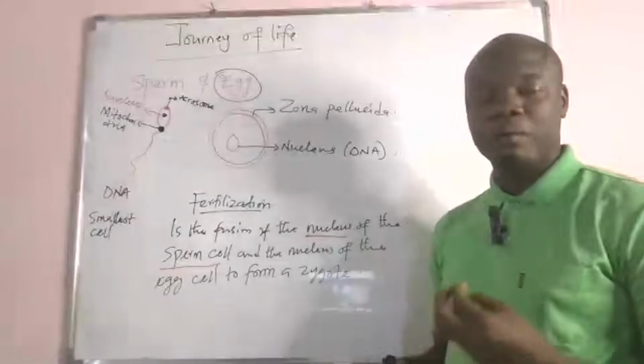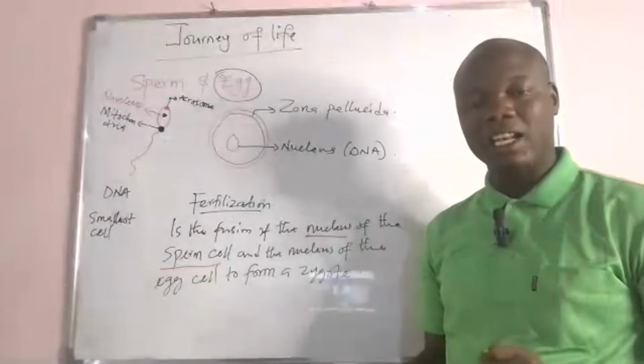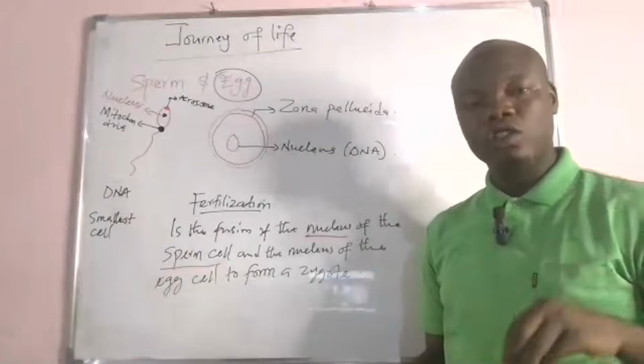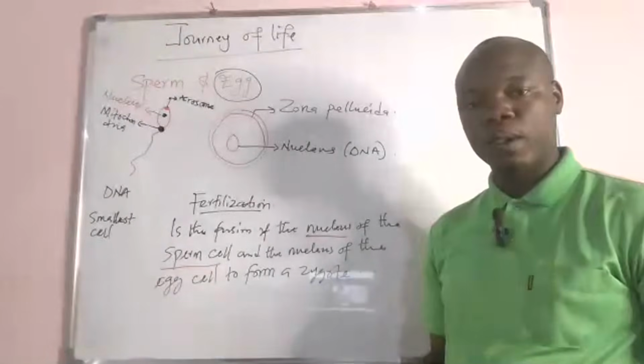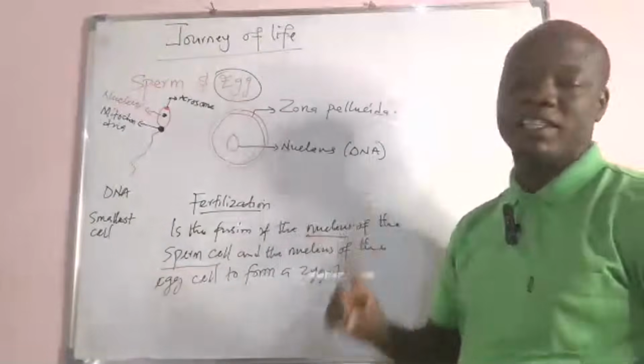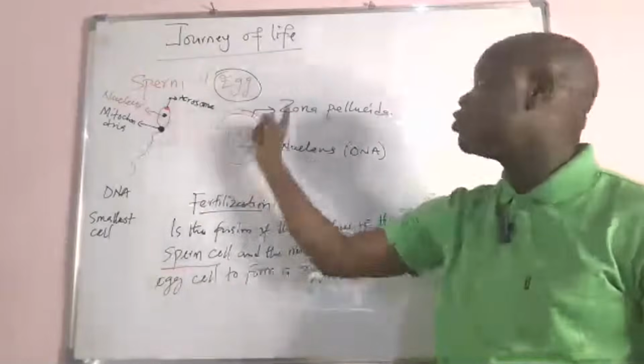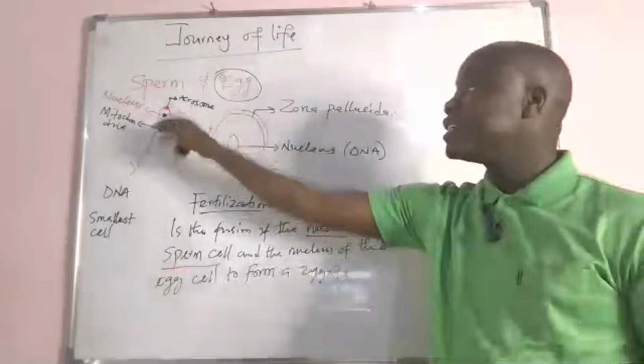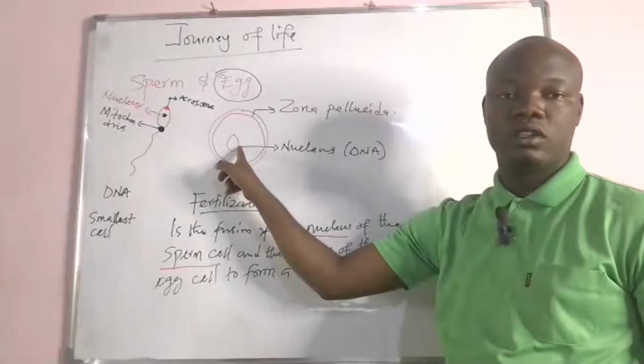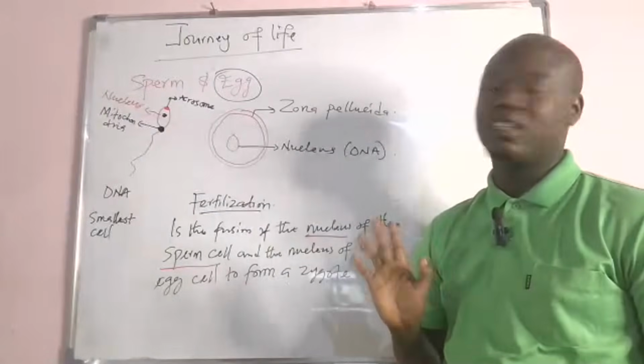And there are some sperm that are very motile, and the quantity of sperm is well enough. But the problem is that if the sperm cells cannot cross this zona pellucida to release their nucleus, there will be no fertilization.